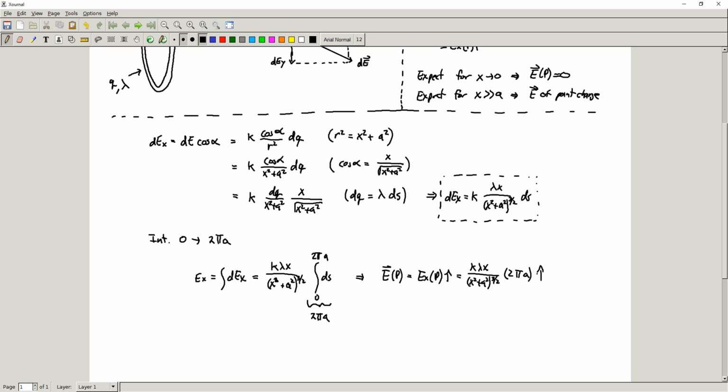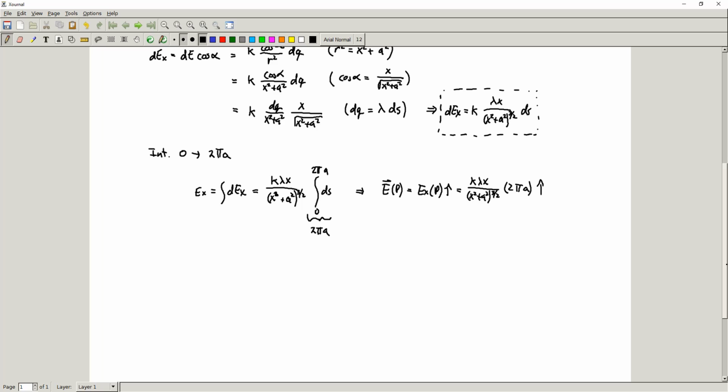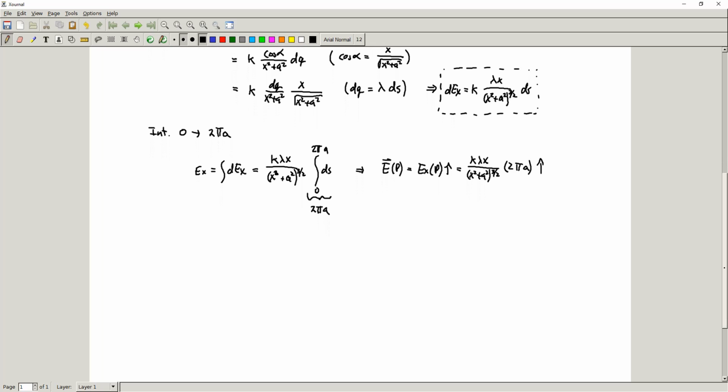Okay, and we can clean this up to get a form more familiar, or at least more commonly written down. So I'm going to use the fact that lambda times 2 pi a equals q. This is just the circumference times our charge density, which gives us back the total charge on the ring, right?